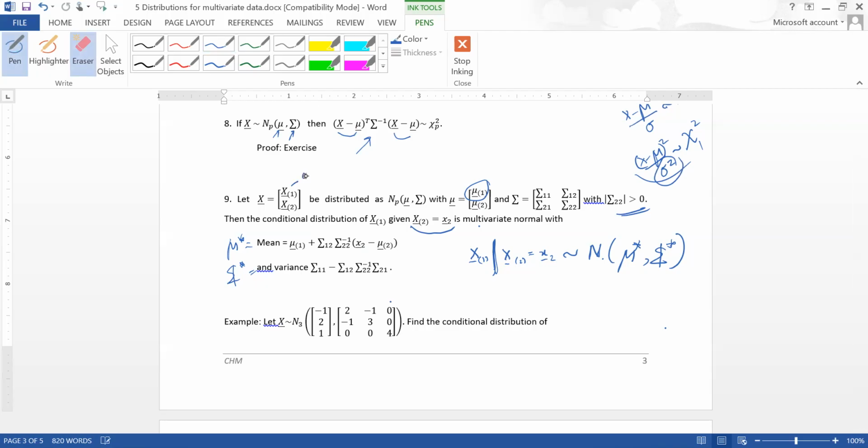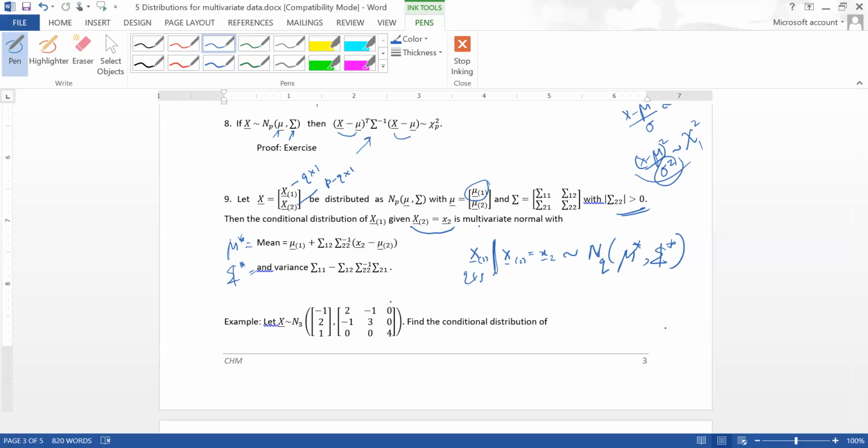Suppose x1 is q by 1 and x2 is p minus q by 1, because x is p by 1. So this should be N_q, because x1 is q by 1. It's a q-variate normal with given mean and variance.